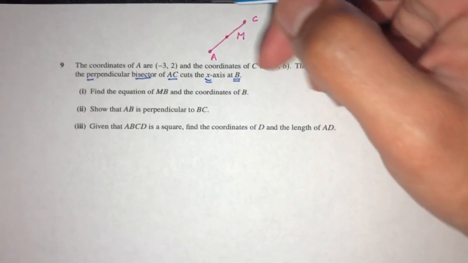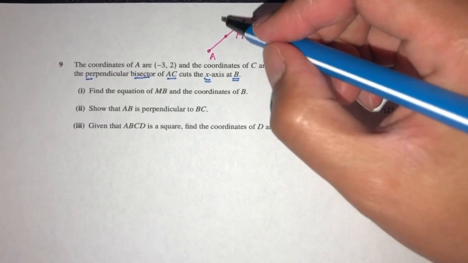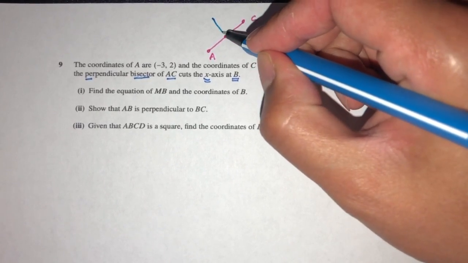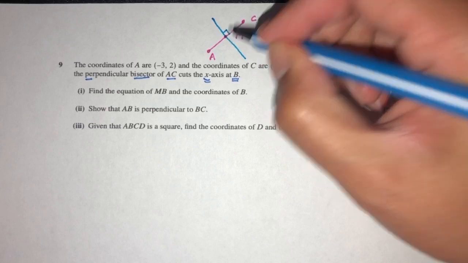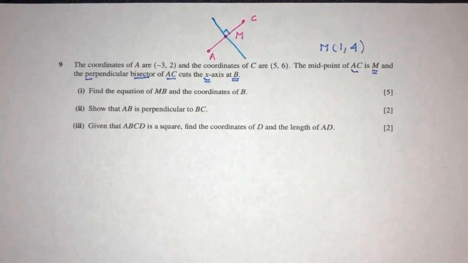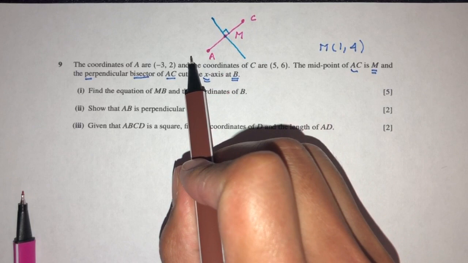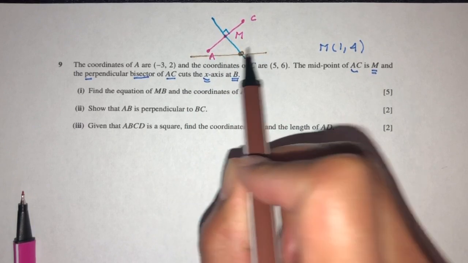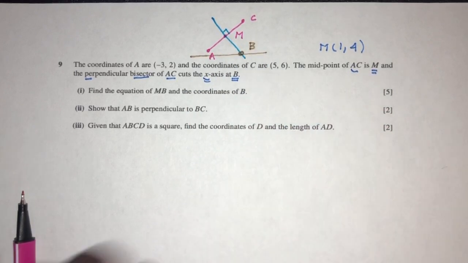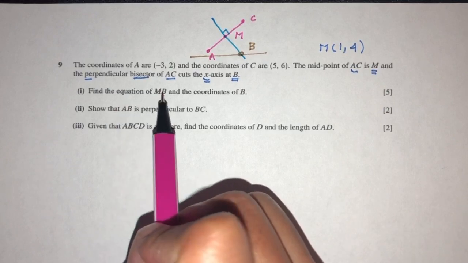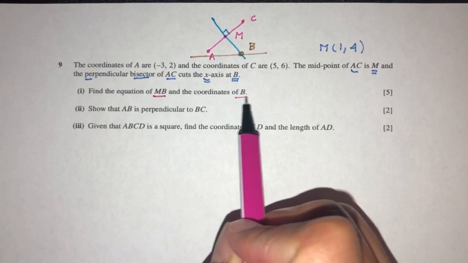And from M, you will have a perpendicular bisector, which is a line passing through point M at 90 degrees. So this is why it is a perpendicular bisector. Now, we're also given that this bisector cuts the x-axis at the point B. So on the x-axis here, we have a point of intersection, point B. So we have to find the equation of MB and then find B.